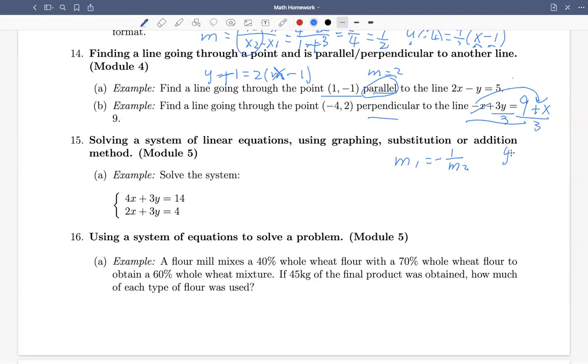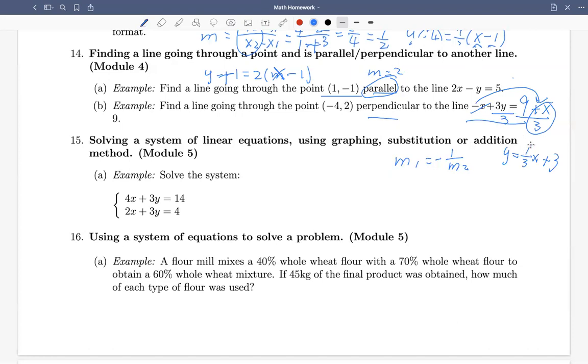So I get y equals, let's look at the x term first. Do you see 1/3 of x, right? x divided by 3 is just 1/3 of x. Then 9 divided by 3, that's positive 3, so plus 3.